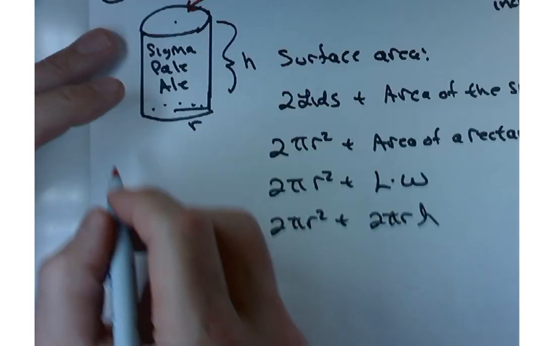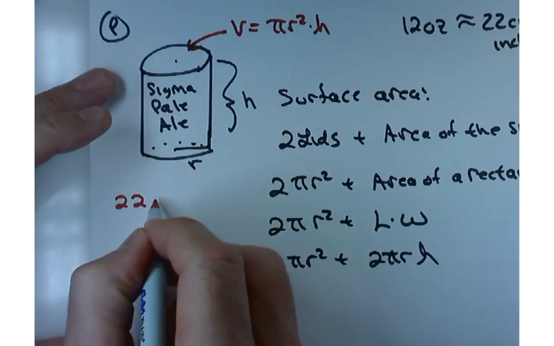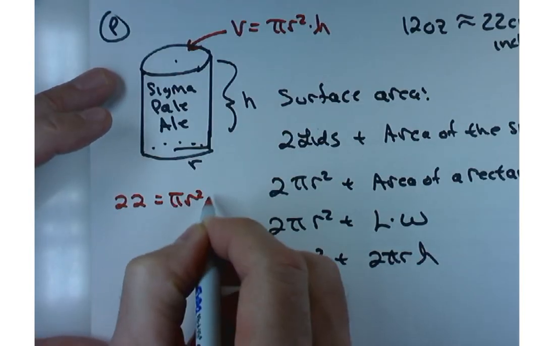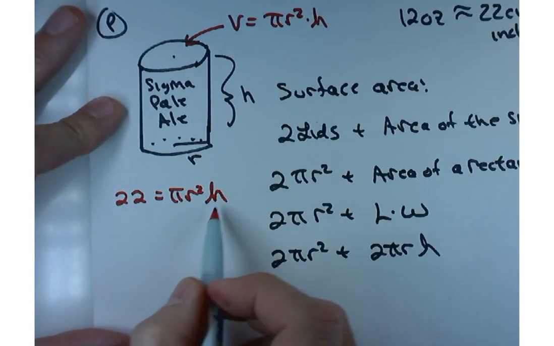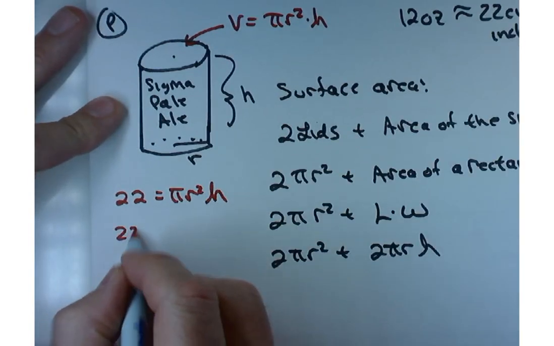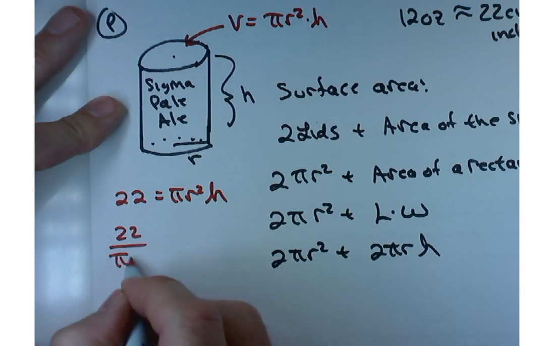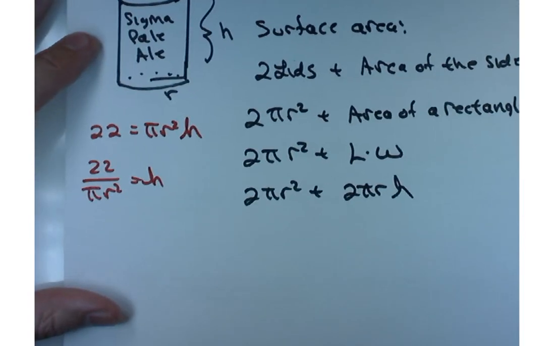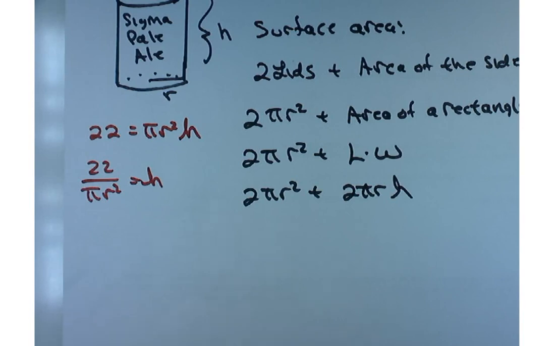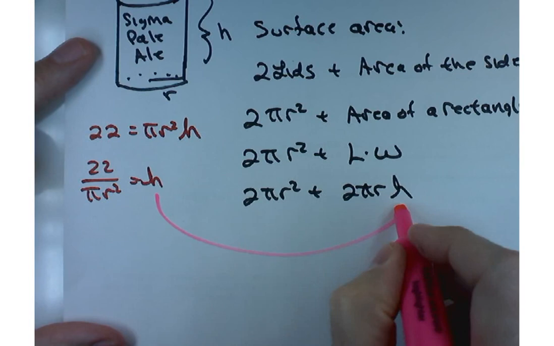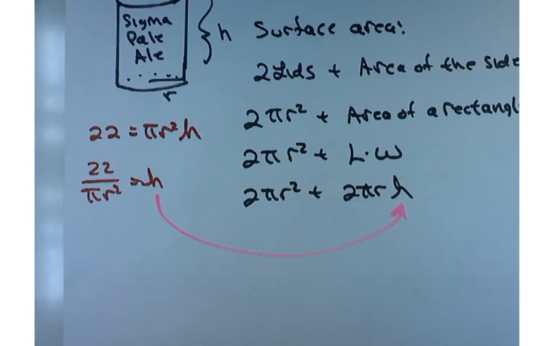I'm using cubic inches rather than fluid ounces, so that way this isn't going to be in linear units. So let's solve that over here. 22 equals pi r squared h. If I divide both sides by pi r squared, I get 22 over pi r squared equals h. Okay, great. Now let's plug that in right here. And now I've got a formula for the surface area that at least depends on one variable.